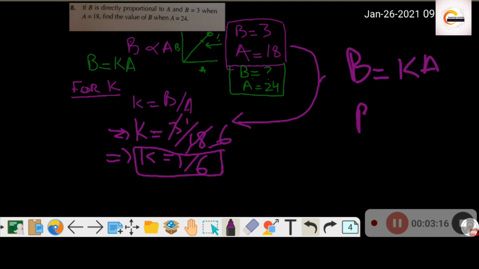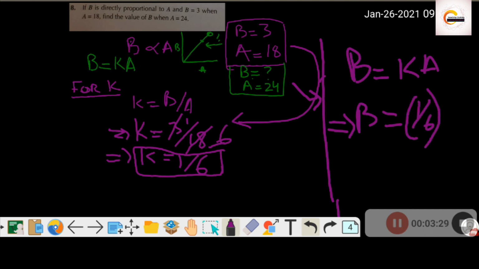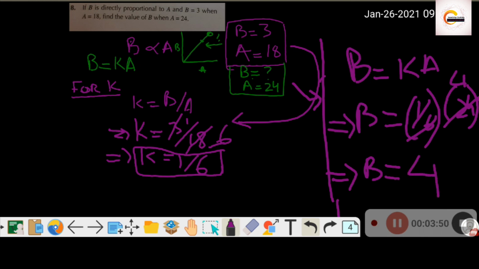Now B is the unknown value, but I know the value of K is 1 upon 6 and the value of A is 24. 6 ones are 6, 6 fours are 24, so B is equal to 4.